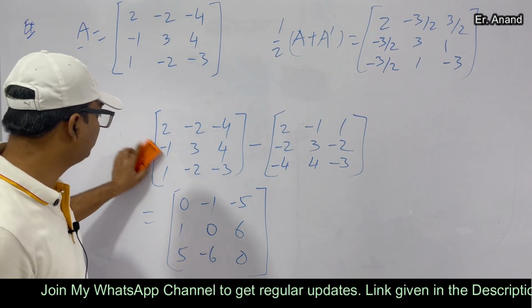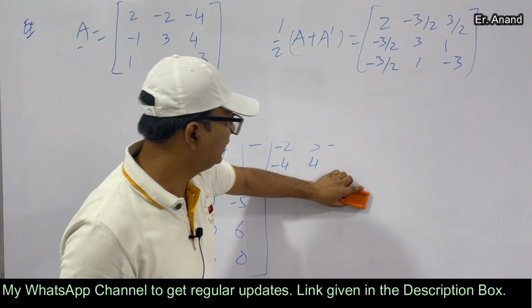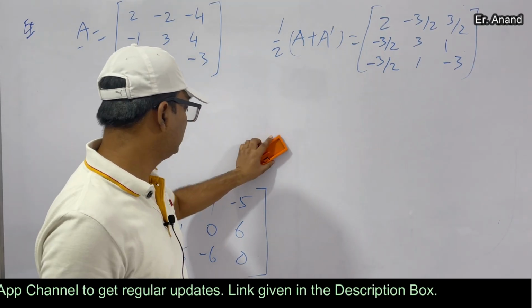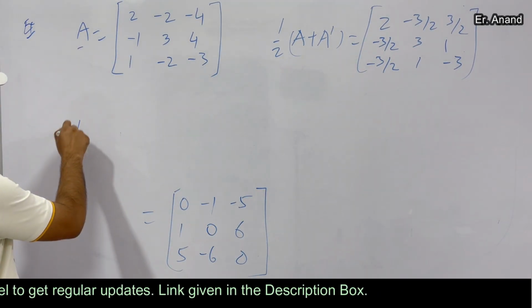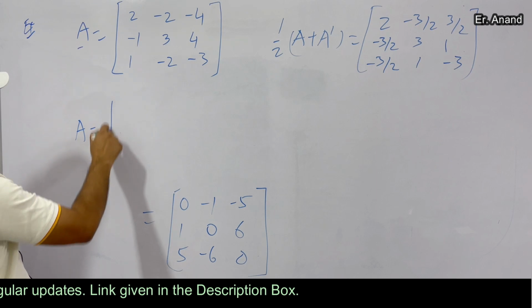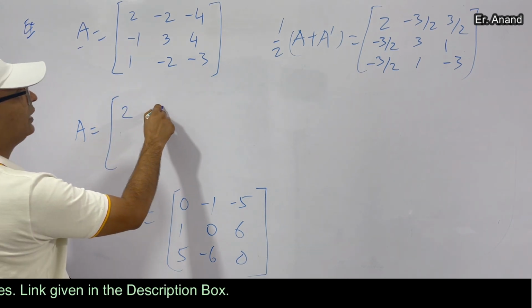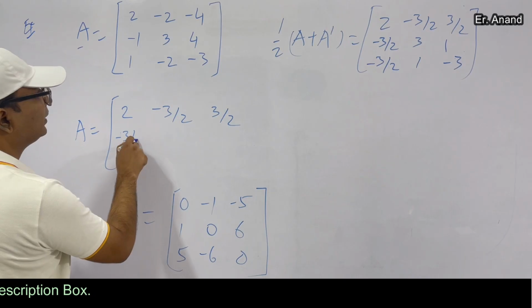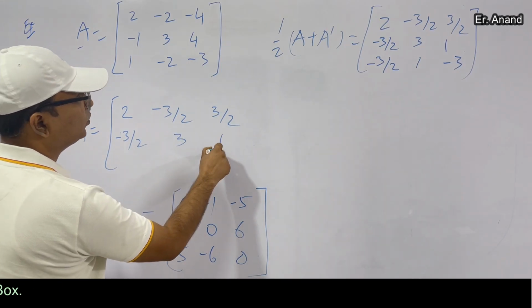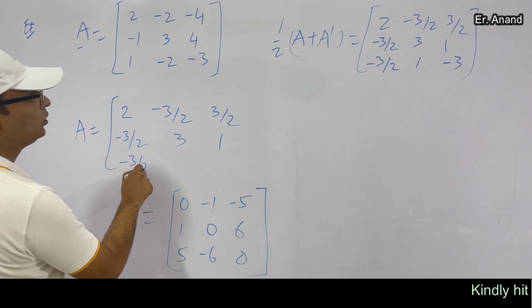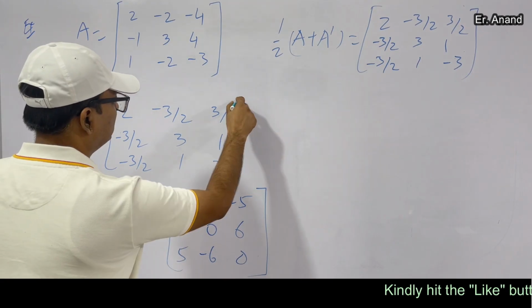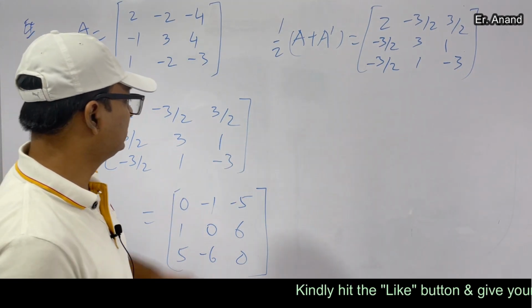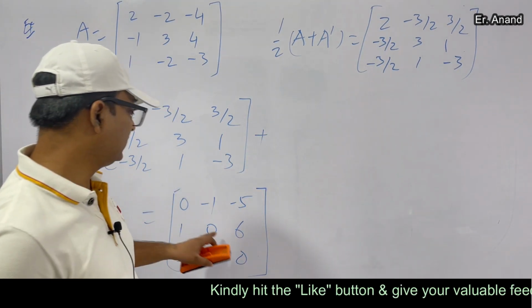We have to take half of A minus A dash and express A as half A plus A dash plus half A minus A dash. That is that matrix: 2, minus 3 by 2, minus 3 by 2; minus 3 by 2, 3, 1; minus 3 by 2, 1, minus 3. So this is half A plus A dash, and then plus half A minus A dash, half of this.